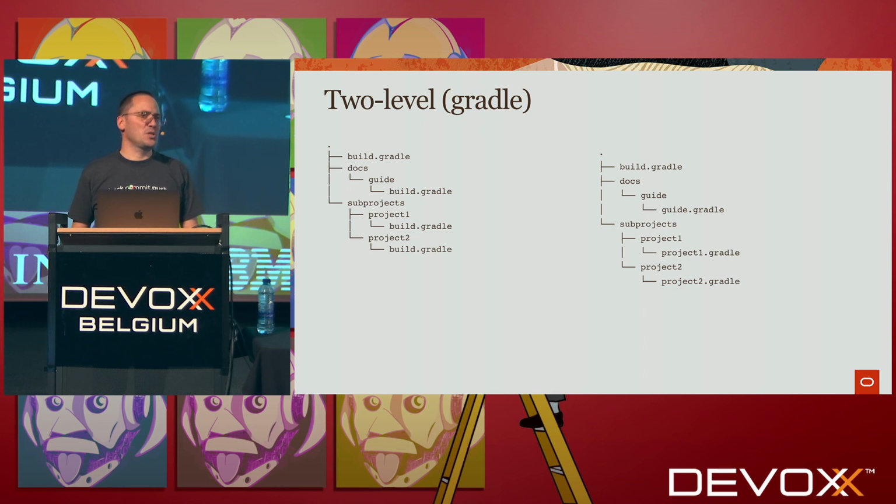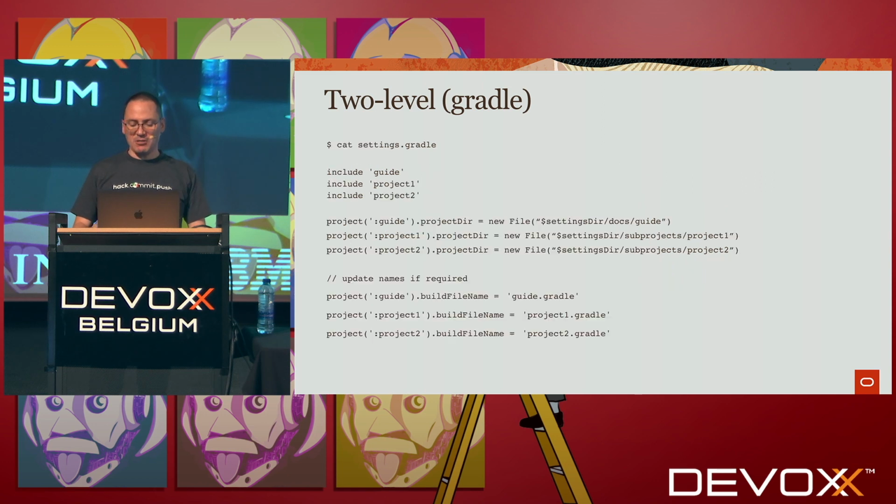Or say, for example, you want to use a different structure, a 2-level structure, where you put all the subprojects in a particular subdirectory, and say guide goes into docs, and maybe we have manual or something else, and then we have subprojects or plugins or extensions, what have you, what makes sense for your organization. Again, we could have build.gradle or the name of the project.